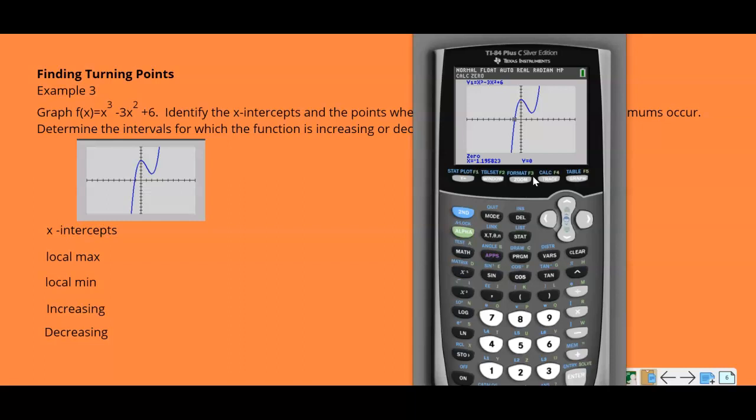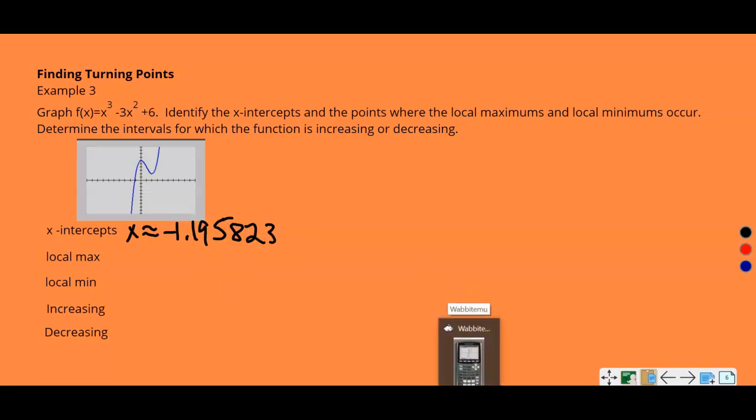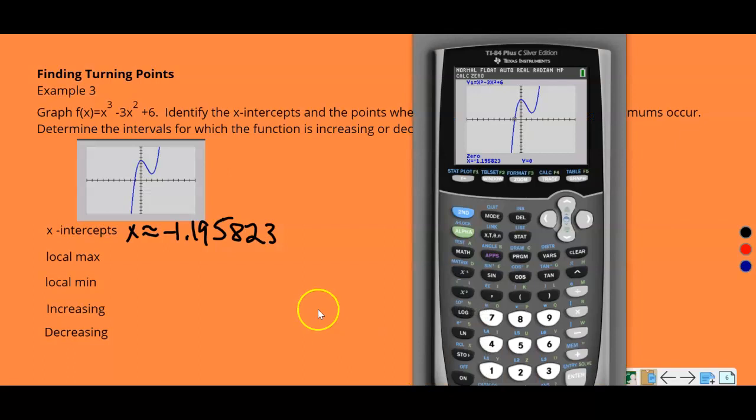So let's go ahead and put that down here. Negative 1.195823. And I put equivalent to that, maybe rounded a little bit, but if you want to round it a little bit closer to the decimal point, you don't have to have that many numbers out through there.